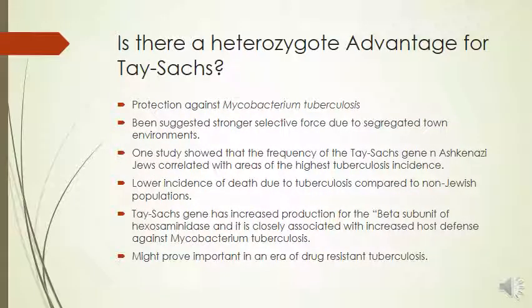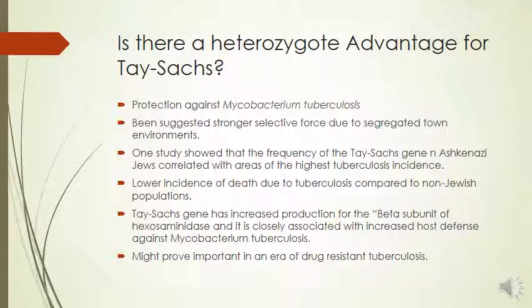Although it's controversial, it has been hypothesized that the perpetuation of this allele for Tay-Sachs is associated with a selective advantage because it provides protection against tuberculosis. It protects one against the bacteria, Mycobacterium tuberculosis, which is a highly infectious disease.